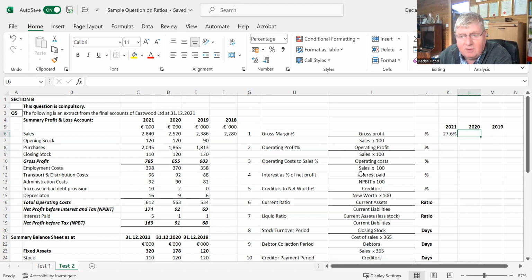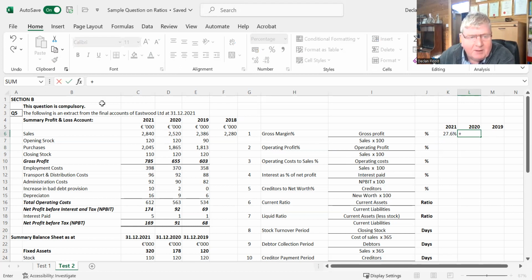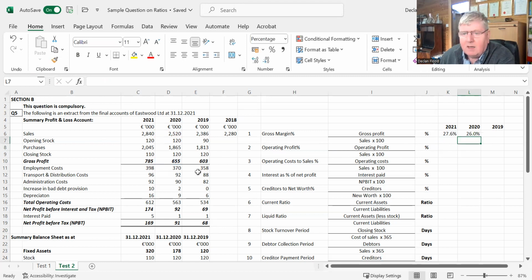If I want to do it for 2020, then all I have to do is take my gross profit figure and divide that by the sales. Obviously, I have the columns formatted here as well.